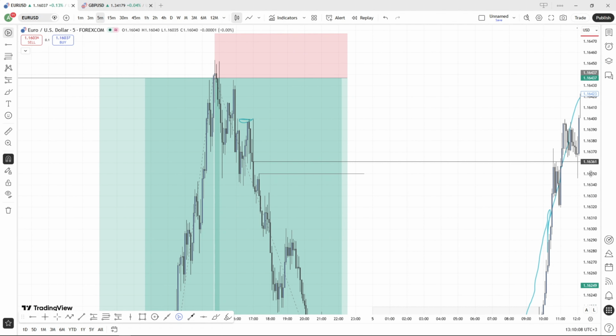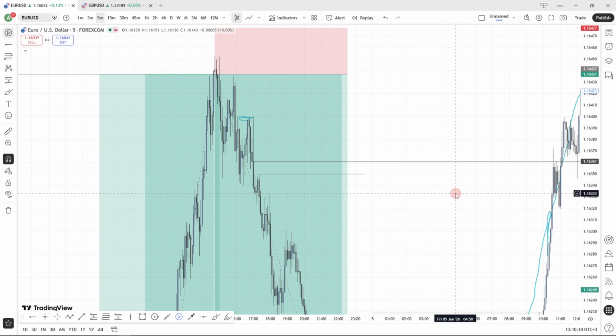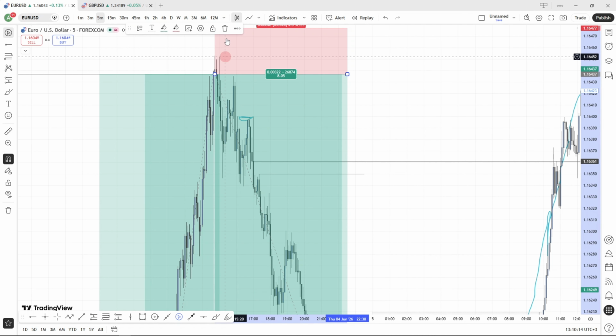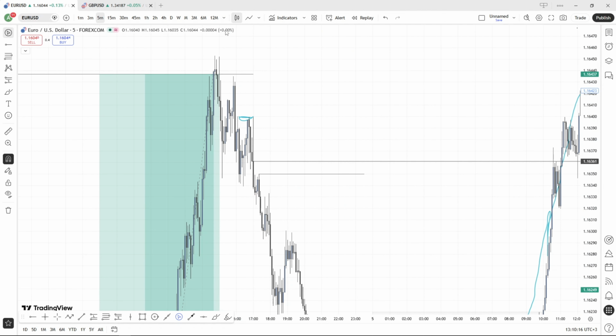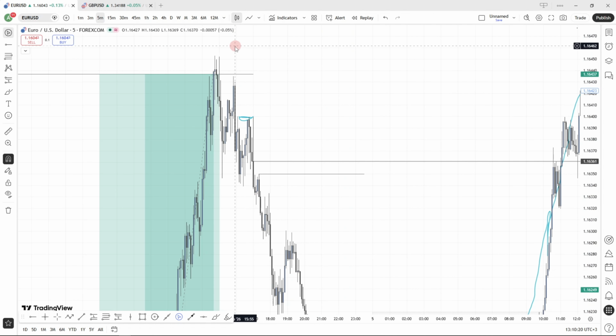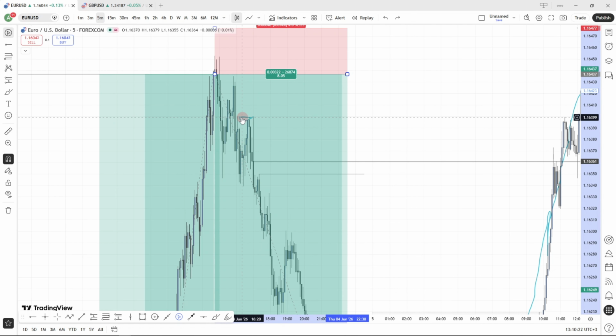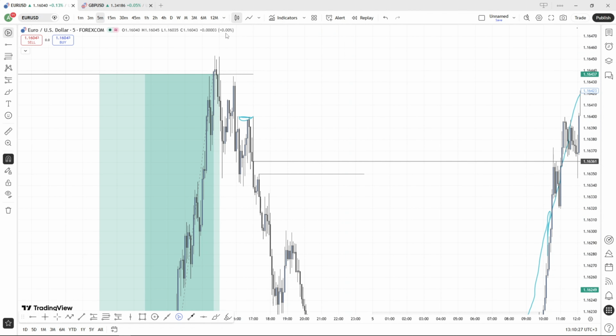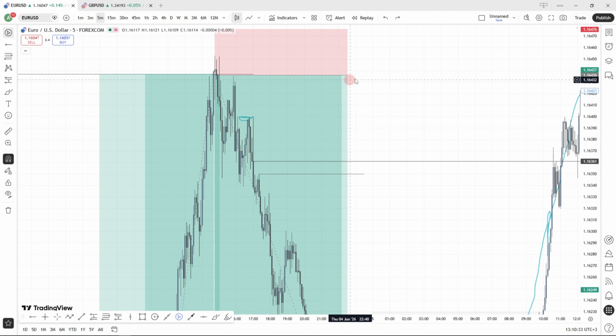I mentioned this model is based on 5 things, and one of the things was liquidity. I'm presuming that you understand the various types of liquidity.